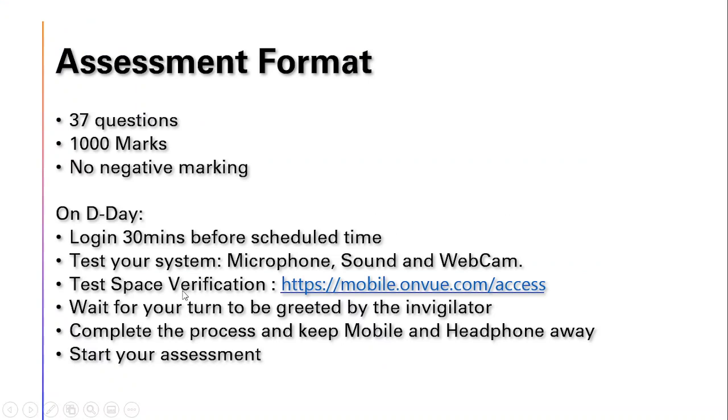And what will happen is, once you test all of these, you will get a test space verification. Okay, which is nothing but a link which you have to copy to your mobile, or maybe manually you can go to the browser on your handset and type this link, and there you have to click pictures of your test space in all four directions: behind the system, left side of the system, in front of the system, and the right side of the system.